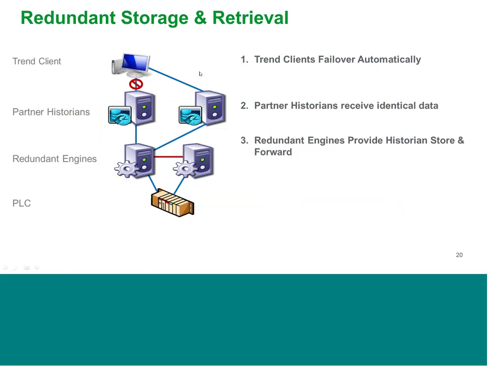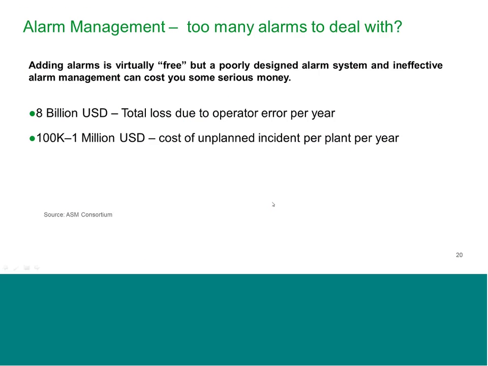So again, just being able to run seamlessly in the event of a down situation, not requiring the operator to have to know what a procedure is to get up and running on a backup server. It just happens automatically. So that's what we call redundant historians or partner historians.